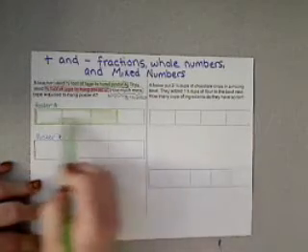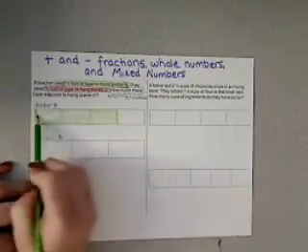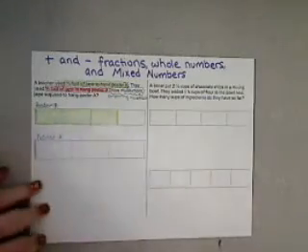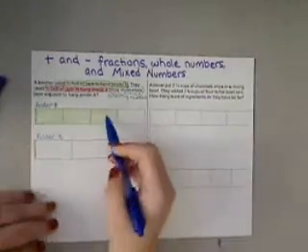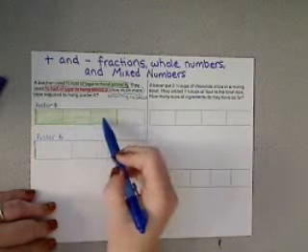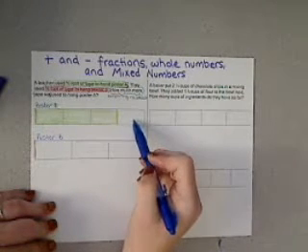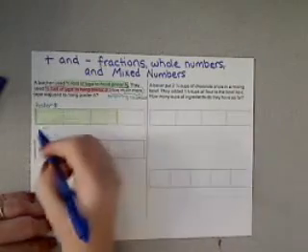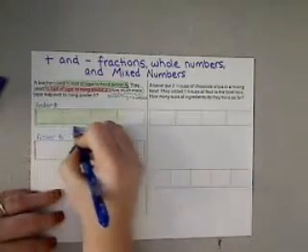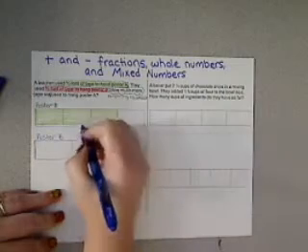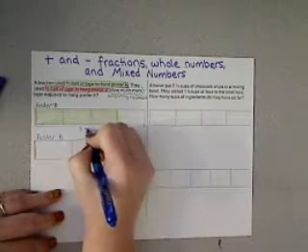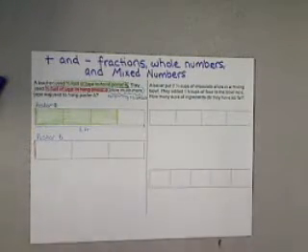As I'm shading this in, I'm wondering, if this represents 3/4 of a foot, this last fourth would then make one whole. So this whole bar would represent 1 foot of tape.